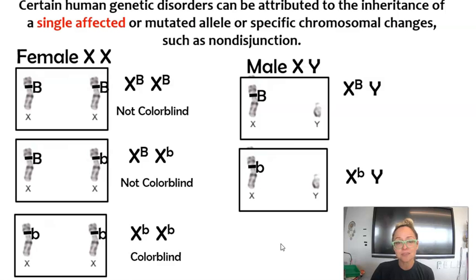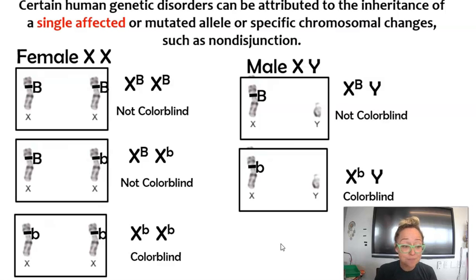And males are called hemizygous. They only have one X, and therefore they only have one allele. So males tend to be colorblind more often than females, because they never have a chance to get that second dominant allele. But here is another example of an inherited human condition due to a single allele, in this case on the X chromosome.